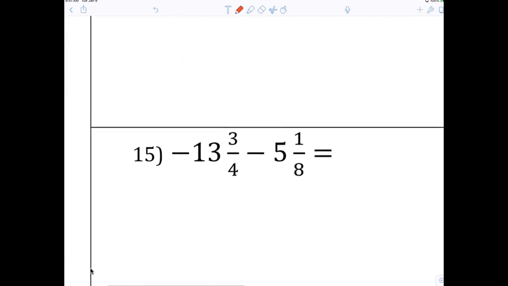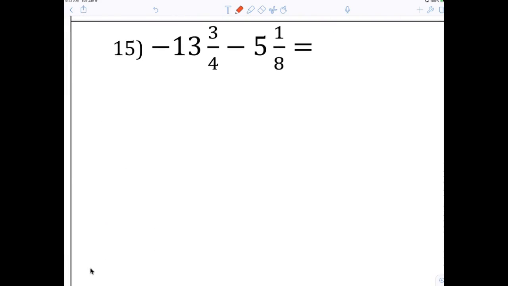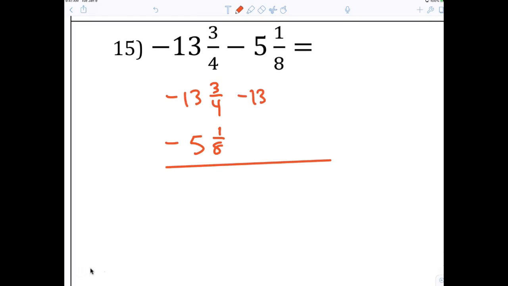All right, let's check out 15, please. Do I add these or do I subtract them? Add them. So here we go. Negative 13 and 3/4 minus 5 and 1/8. Common denominator. So that's going to be negative 13 and 6/8, and this would be minus 5 and 1/8.